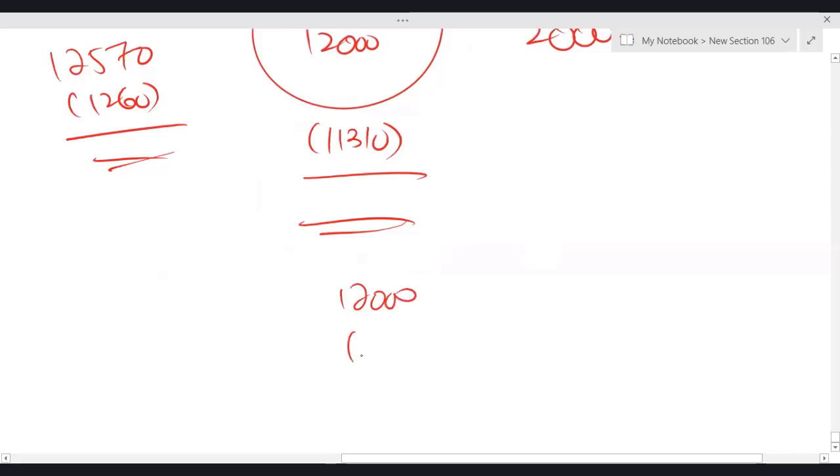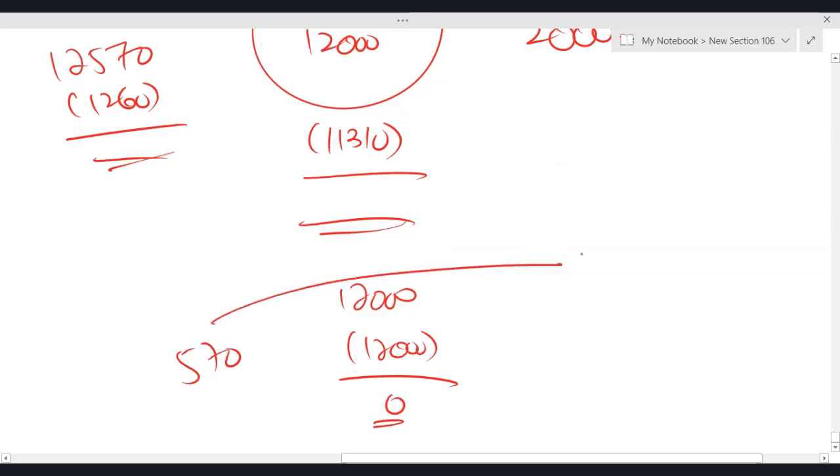Mr. X says, first I'll get a personal allowance of 12,570, then I'm left with 570, then I'll transfer 570 to the wife. It is not possible. You can't transfer 570. If you want to transfer, you have to transfer exactly 1260, and your personal allowance will reduce by exactly 1260. So I hope that I have answered that.